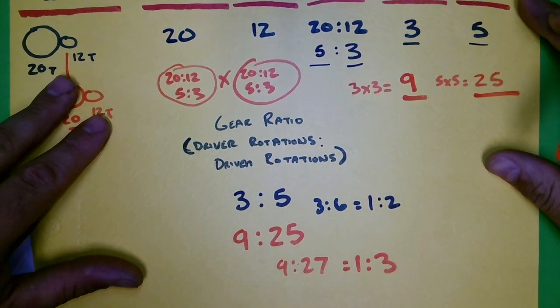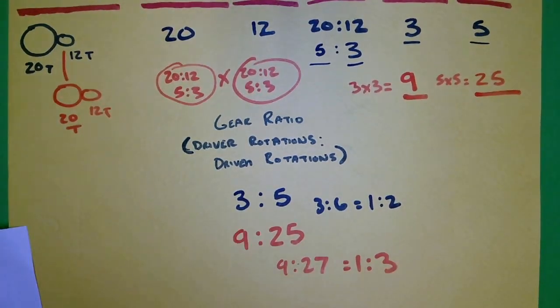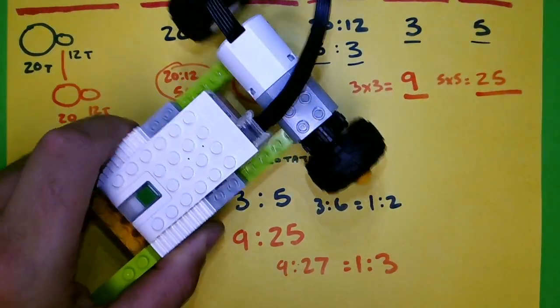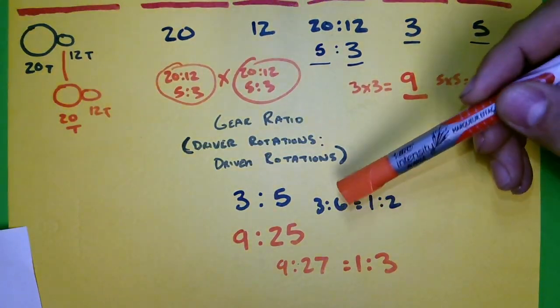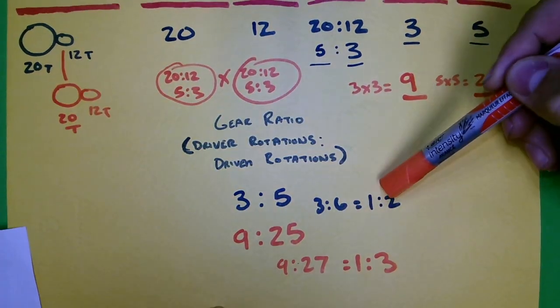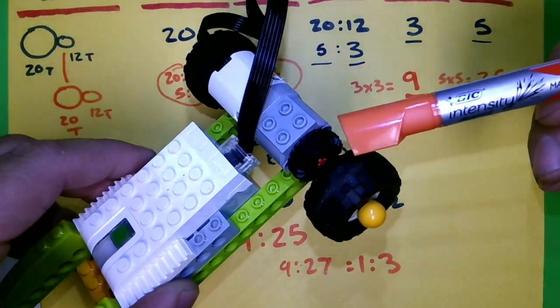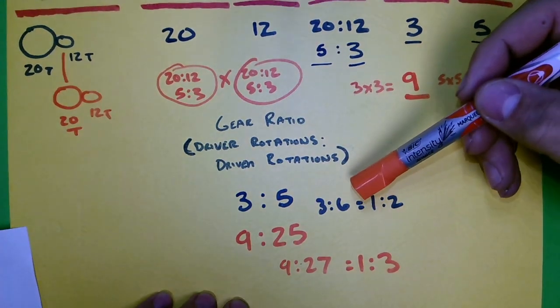So when we express this as a gear ratio, like we had our 3 to 5 in the mechanism that was a 20 tooth to a 12, for every 3 rotations we get 5, we know that that's almost a 1 to 2. It's almost twice as fast using this mechanism. This smaller gear is spinning almost twice as fast as the larger gear.